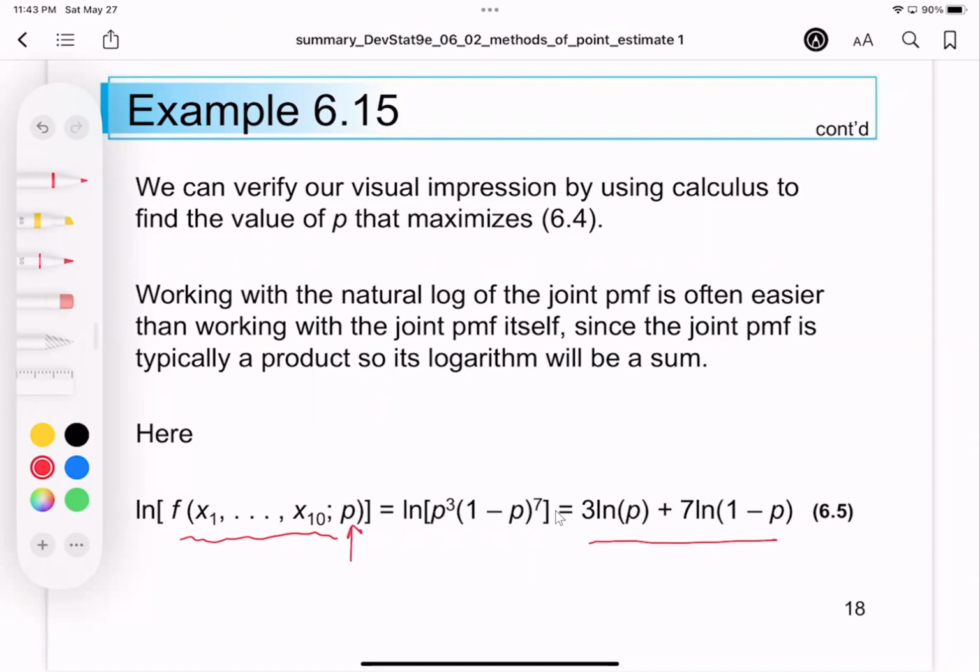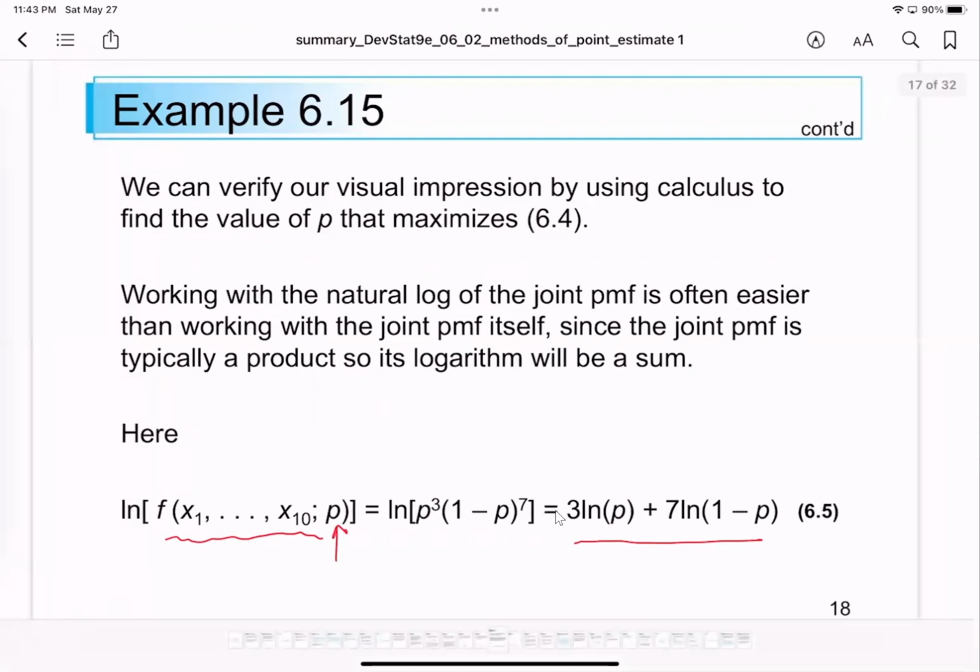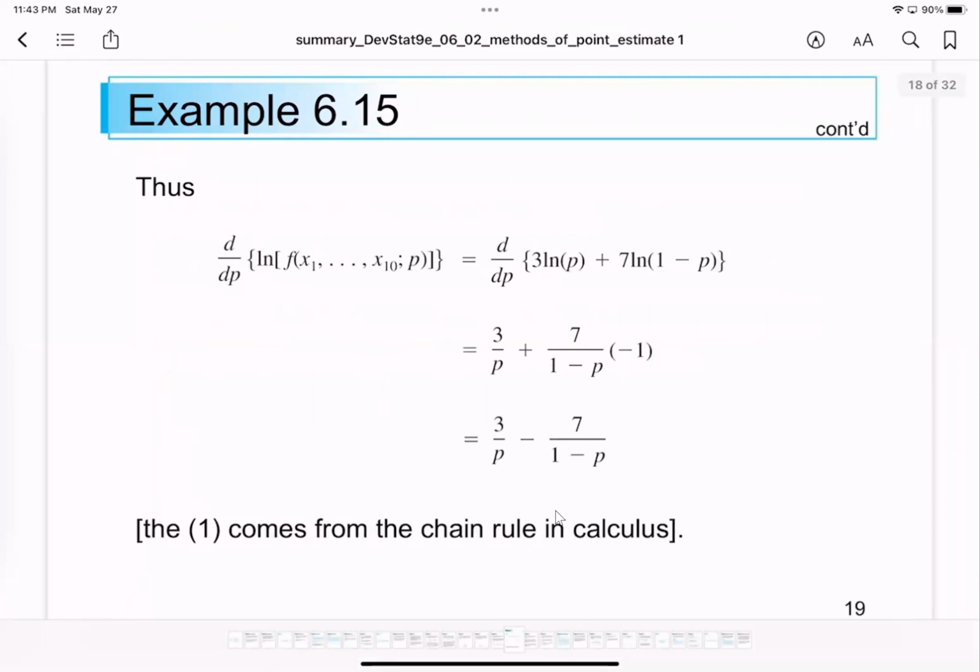For this example, there's only one unknown parameter p, and x is the observed data. We no longer treat this function as a function of x. Instead, we treat p as the input variable. So it's a function of p. When it's treated as a function of p, we maximize it.